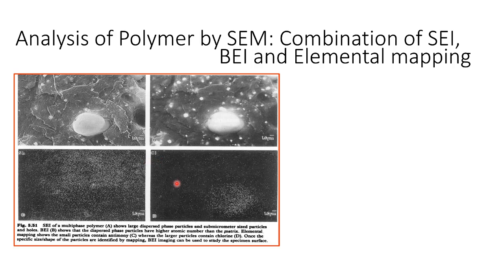So Cl is shown here. The chlorine is present at this part mostly, so we can observe with the help of the EDX mapping at what point what kind of element is dominantly present in the material.